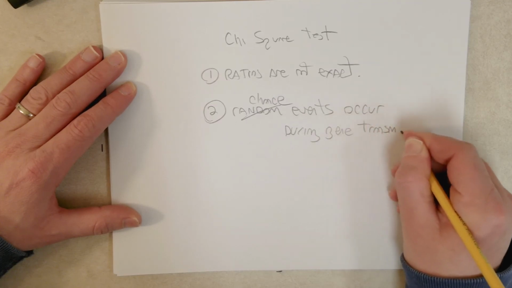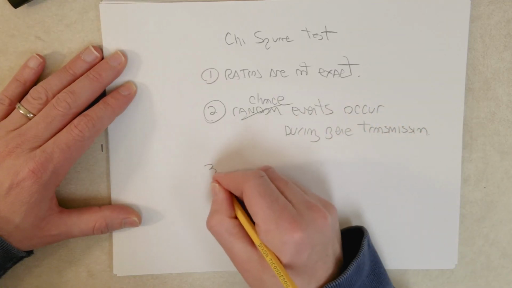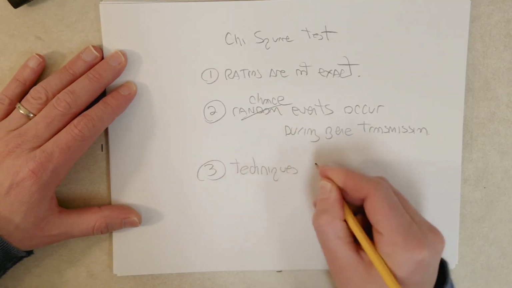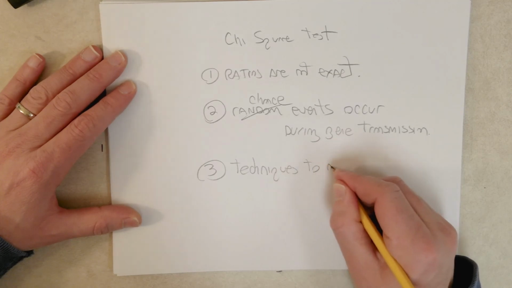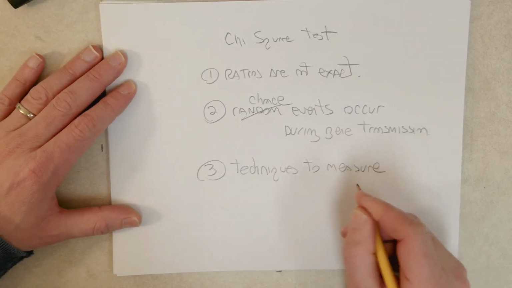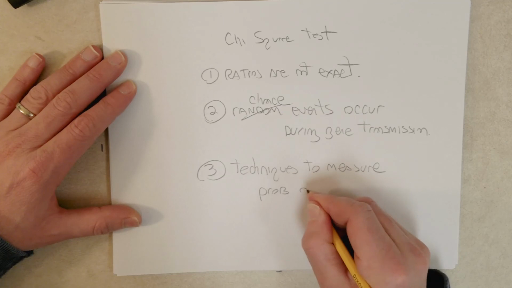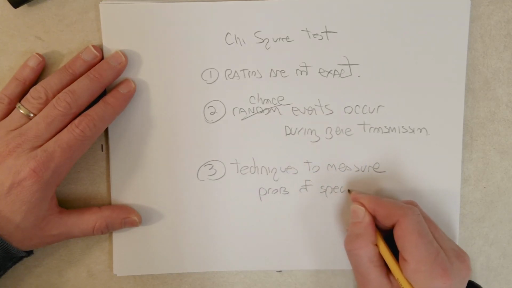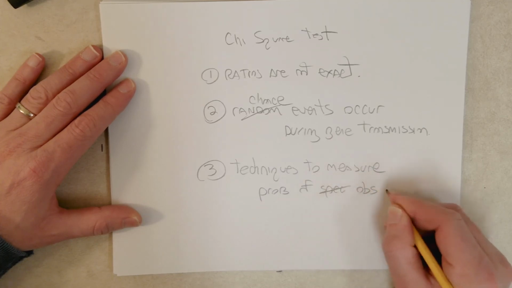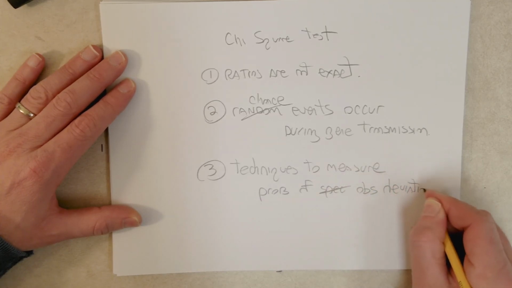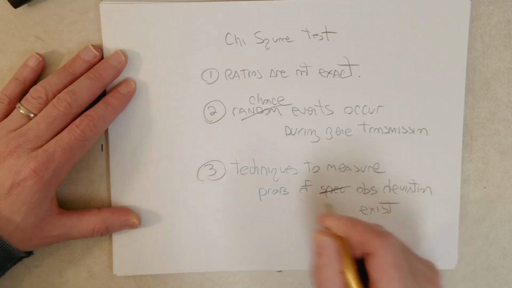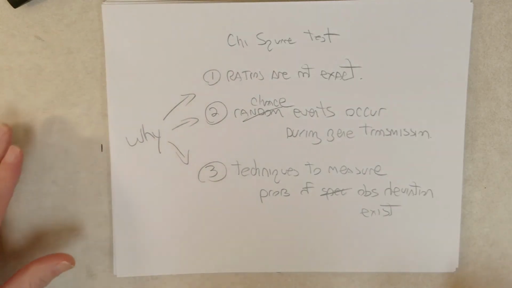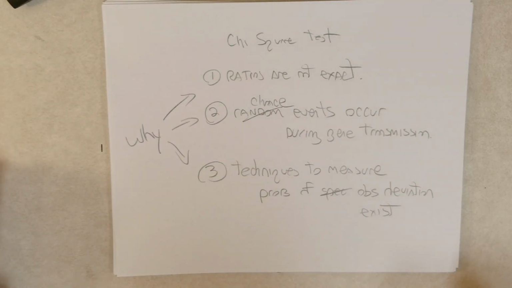And techniques to measure probability of observed deviation exist. So these would be 3 reasons why we cover the chi-square test at this point in genetics.